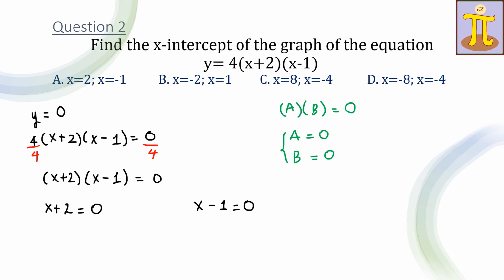So x plus 2 equals 0. We subtract both sides by 2, so we isolate x on the left side. We have x on the left side, and the right side will be negative 2. For x minus 1 equals 0, we add 1 to both sides.